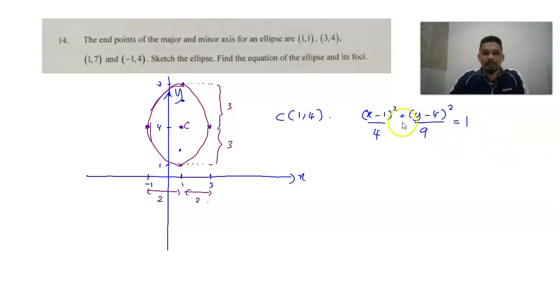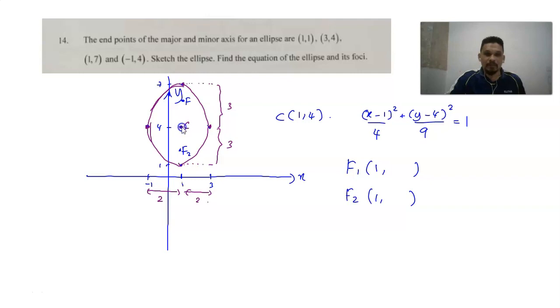The foci are always on the major axis, which here is the y-axis. So F1 and F2 all have x equal to 1. It remains 1 here, so now the change is in y, from 1 and 4.